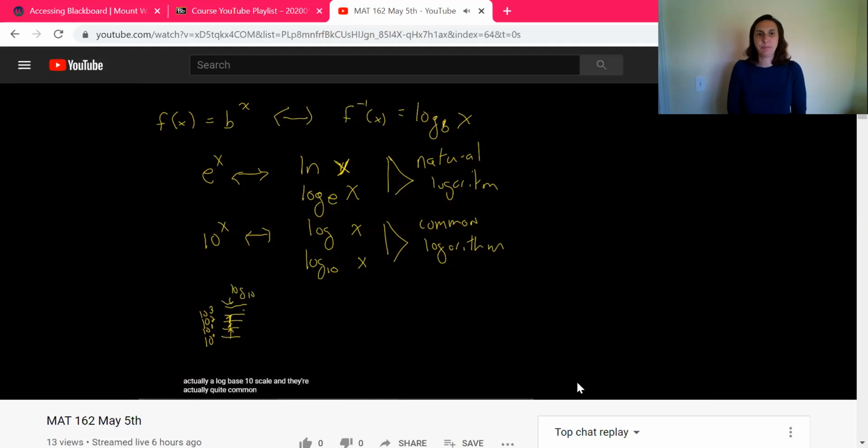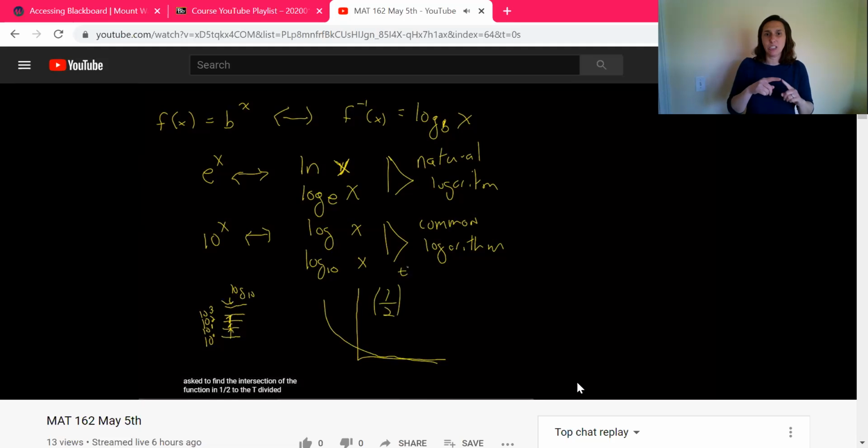And they're actually quite common scales when dealing with exponential things because if you look, I posted a video for a question on one of the homeworks which asks to find the intersection of the function 1/2 to the t divided by 5,700 when that intersects with the line y equals 0.16.